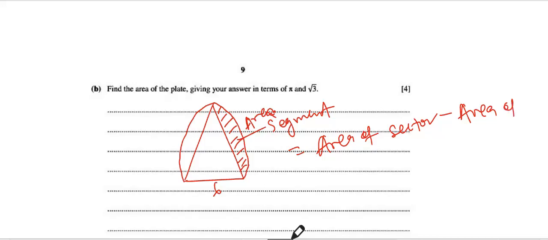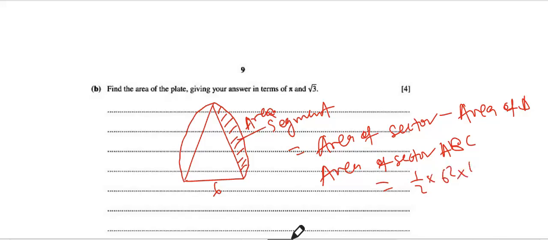So for you to be able to work on this particular radians, you must have full knowledge of the functions, radians, and trigonometry. Area of sector minus area of that triangle. And then the area of sector ABC is going to be a half times 6 squared times pi over 3 that we got. If you simplify this, you should be able to get 6 pi.